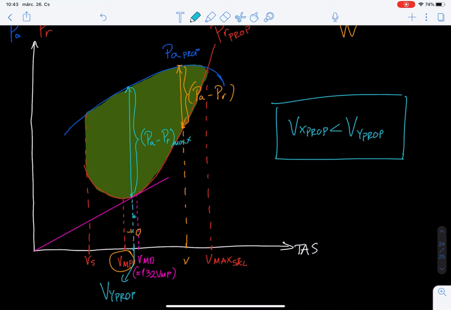So in all cases for any fixed wing aeroplane you might happen to fly, you will see that the Vy, so the speed for the best rate of climb, is faster than the speed for the best angle of climb, and this I cannot emphasize enough.